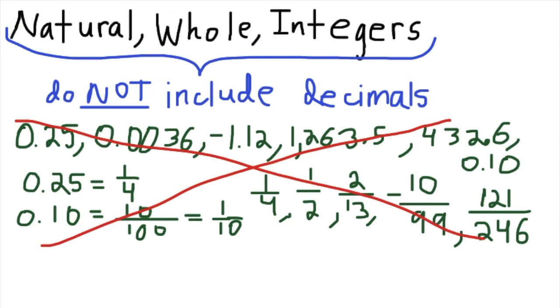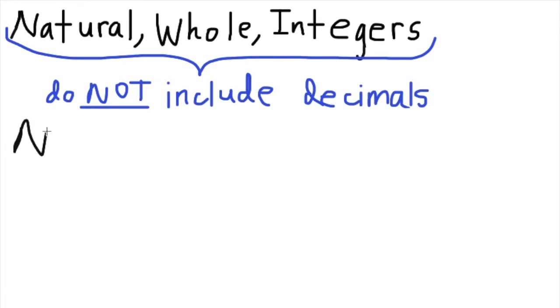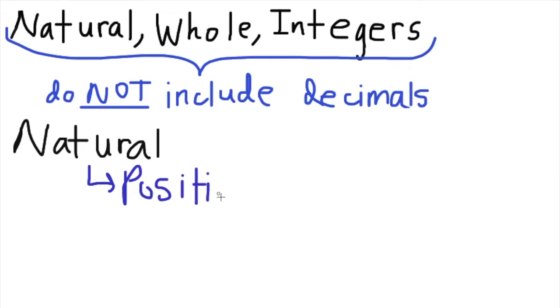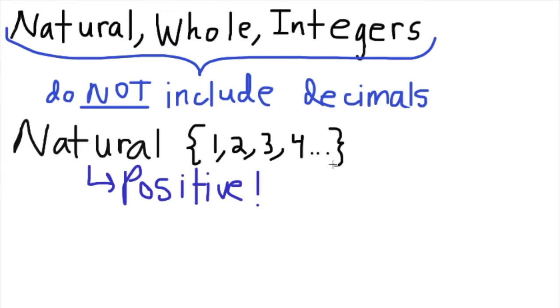So what is the definition of the three numbers? Let's start with natural numbers. These numbers are always positive. The set includes 1, 2, 3, 4, and so on and so forth until infinity.